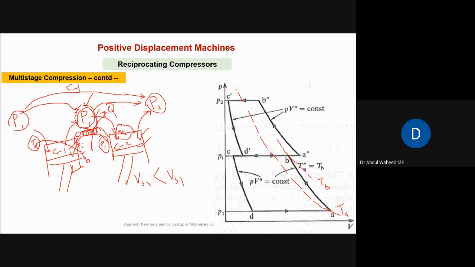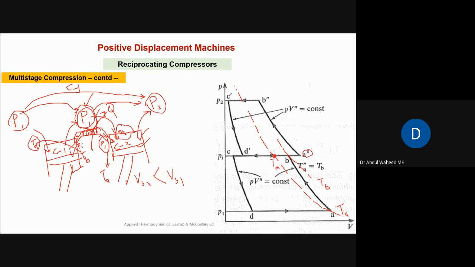So during this cooling process, this gas which is entering at this pressure Pi to the second stage compressor, its temperature is again TA, equal to TA, because there is a cooling between two compressors. So because of this cooling, this fluid which is entering into the second stage compressor is also at this temperature line TA.